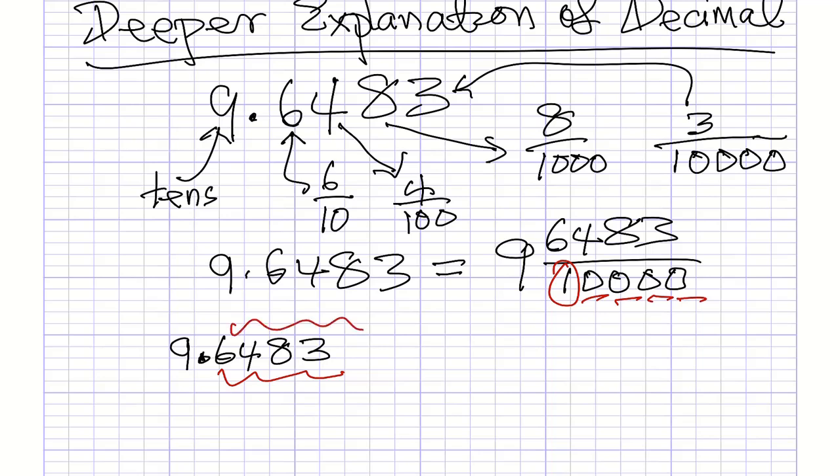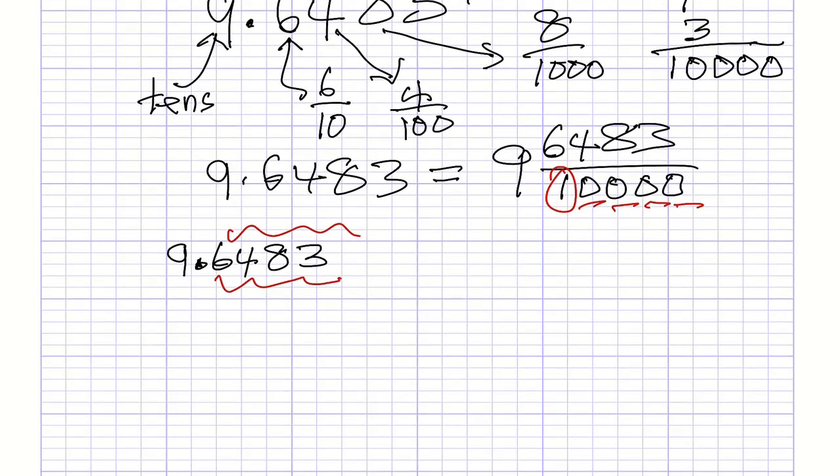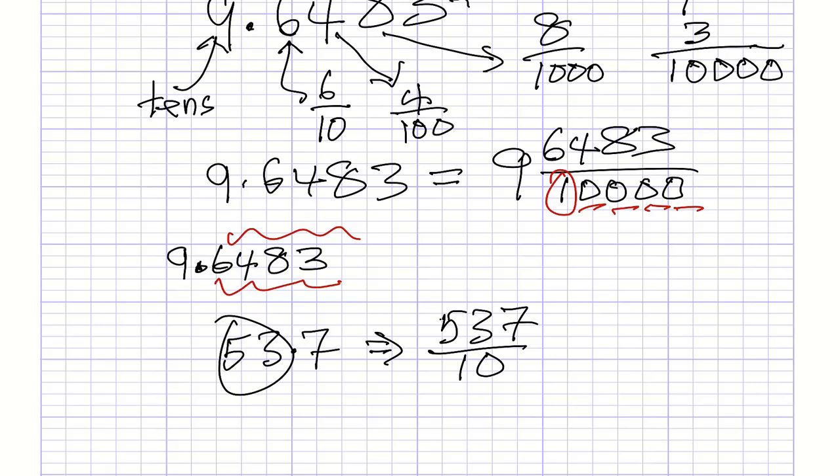Okay, so that means, for example, if you have 53.7, right? That stands for how many zeros? 1 zero, which stands for, you can write that as 537/10. You see, basically what you're doing, you're converting that to a whole number divided by 1 followed by as many zeros as the decimal number gives you.